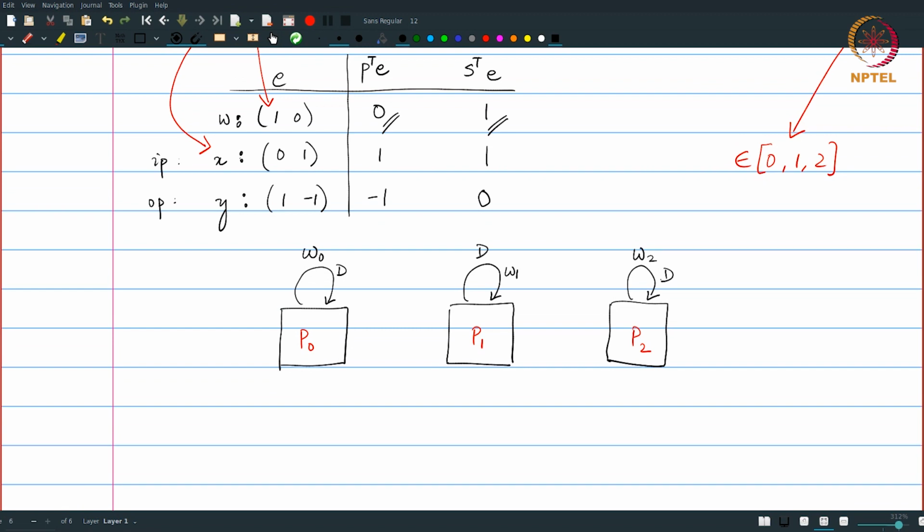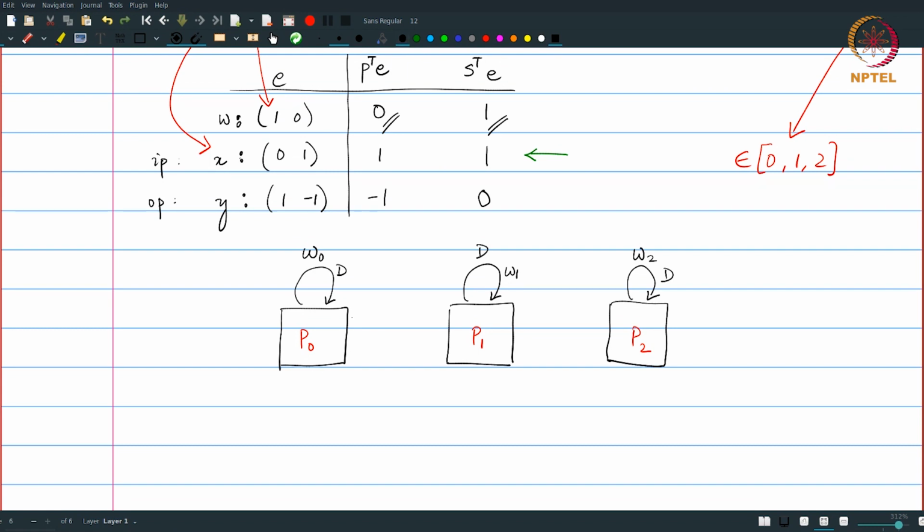Alright, now what does this edge over here corresponding to X imply? What it says is that on every clock cycle, the P transpose E is equal to +1. In other words, when I go from one clock cycle to the next, I need to transfer the data to the processor on the right.